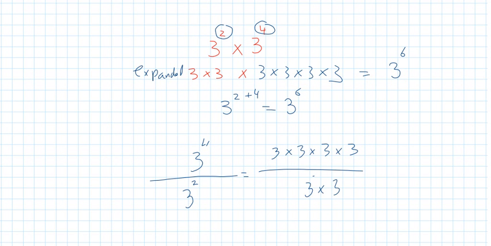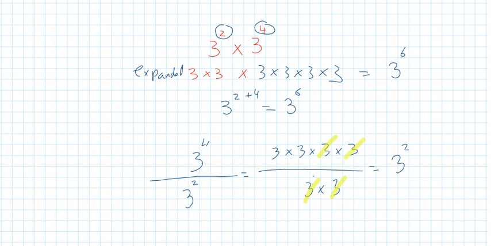When I'm dividing, I can simplify the numbers, because there's multiplication. This and this cancel, this and this cancel, so I'm left with 3 times 3. What's 3 times 3 if I want to write it in exponent format? 3 to the power of 2. Do you guys agree with what I just did? So that would be the answer for the division law.